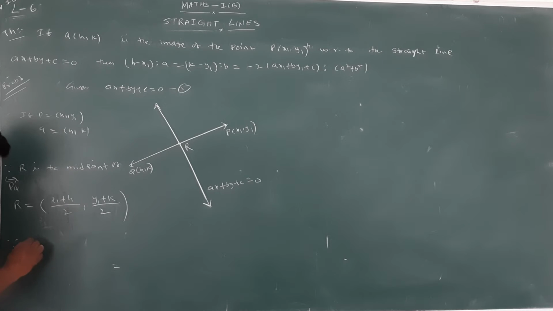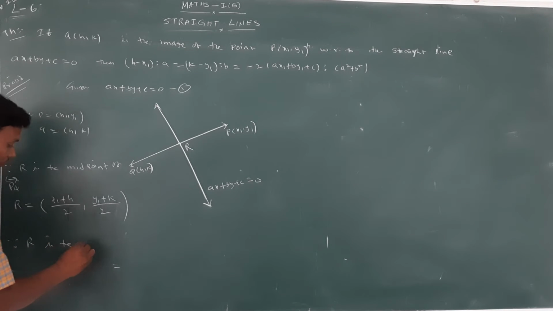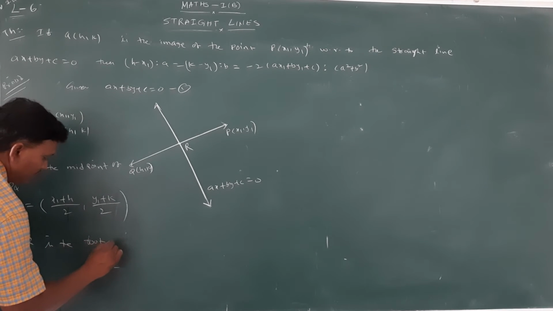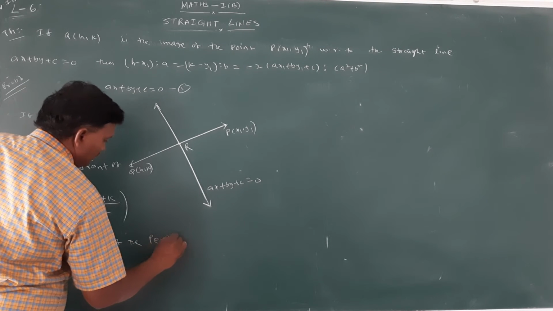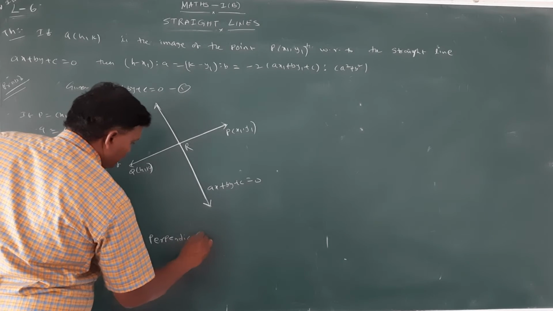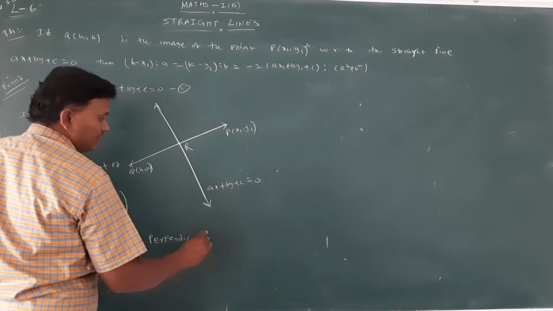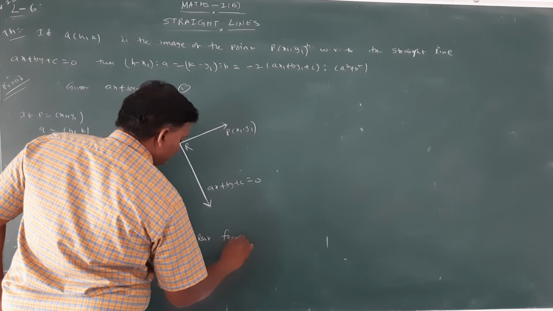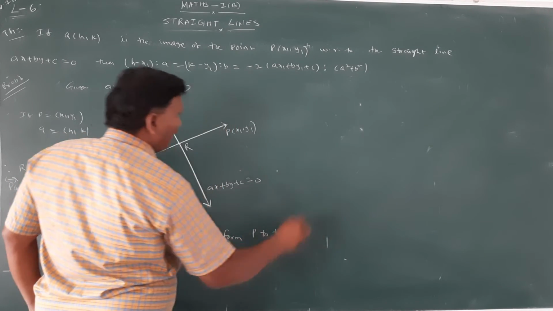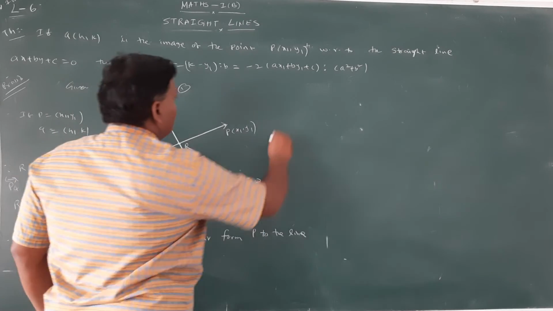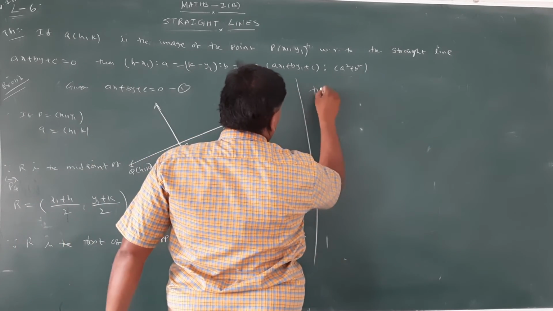Since R is the foot of the perpendicular from P to the line, what is the foot of the perpendicular formula?